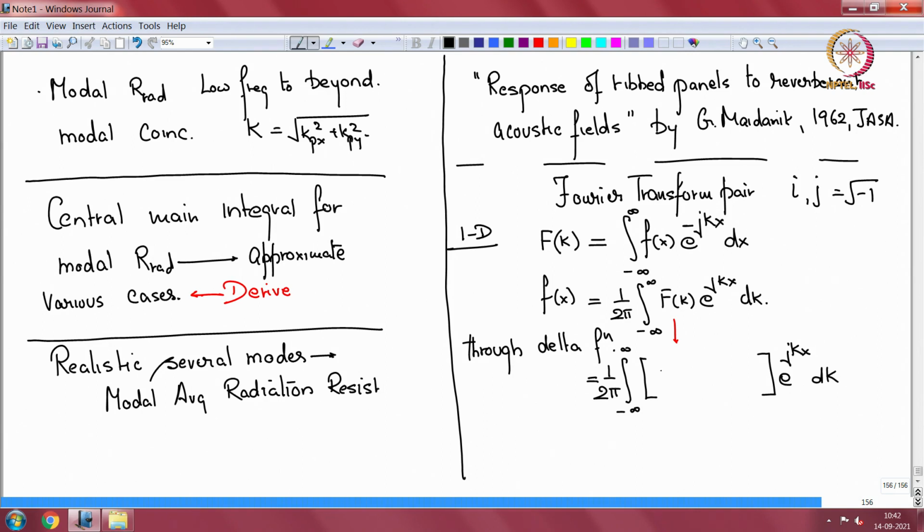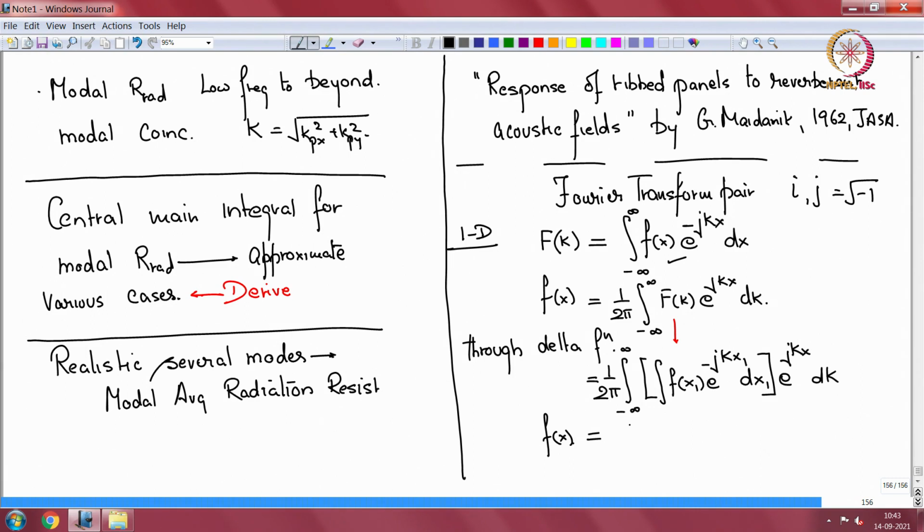F of k is the integral of f of x1, the dummy variable, e to the power of minus j k x1 dx1, and that is equal to, so now the left hand side is f of x.